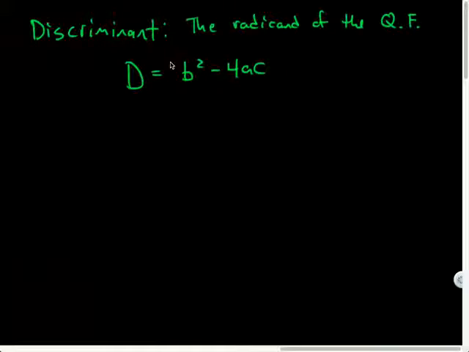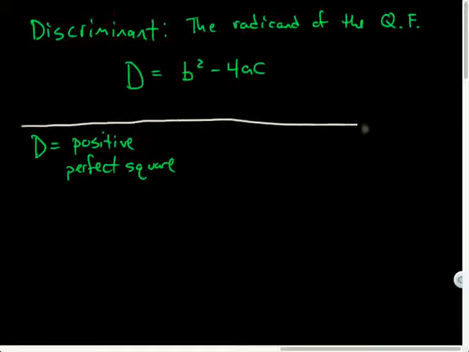Now, b squared minus 4ac tells me a bunch of cool information. All right, let's sort this out in maybe some sort of table. So let's say D is positive and a perfect square. I'll make a table here.